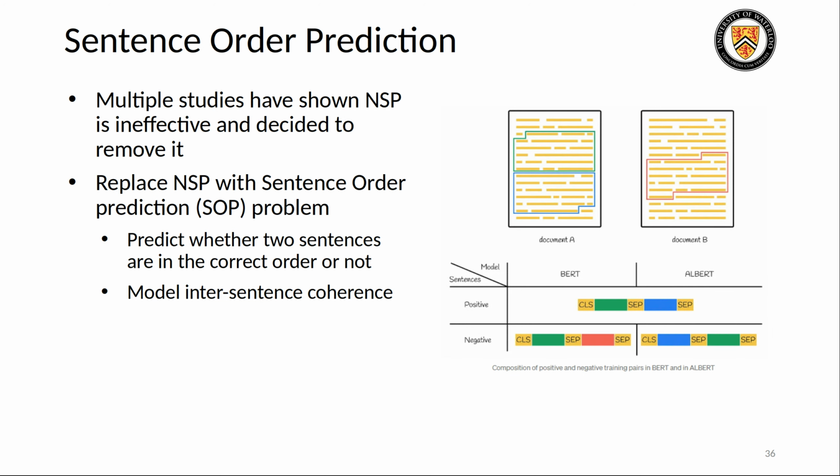In sentence order prediction, the model tries to predict whether a pair of sentences are in the correct order or not. The authors found that this objective leads to better performance compared to NSP. Actually, this is not a parameter reduction technique, but rather an investigation of whether the SOP objective is effective or not, similar to what RoBERTa did.